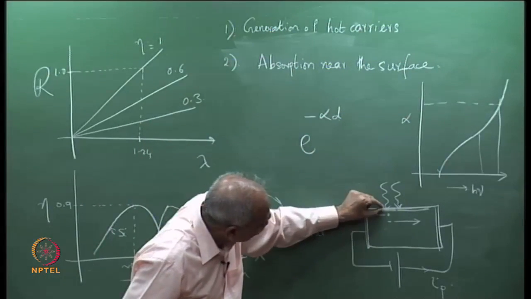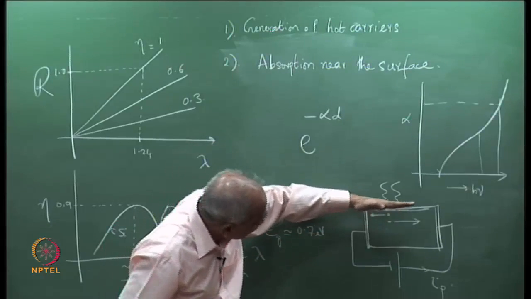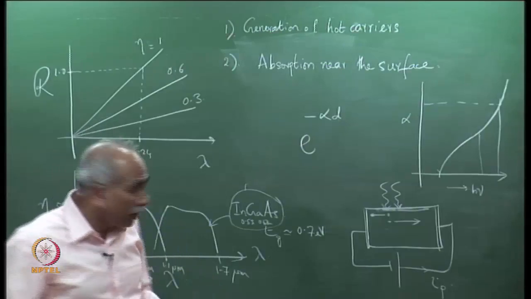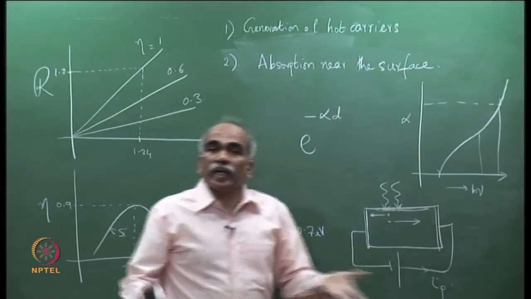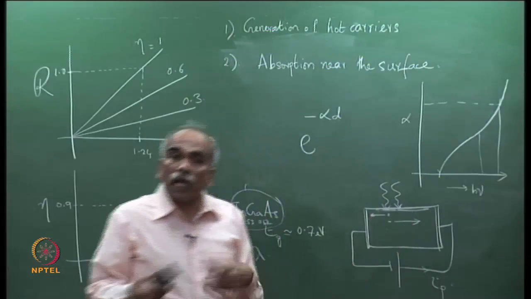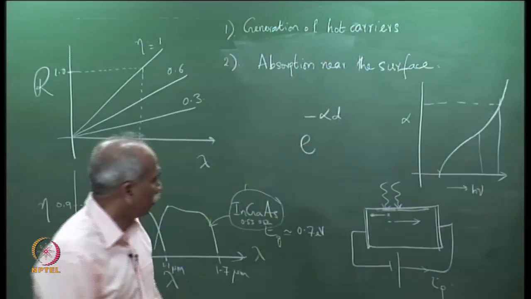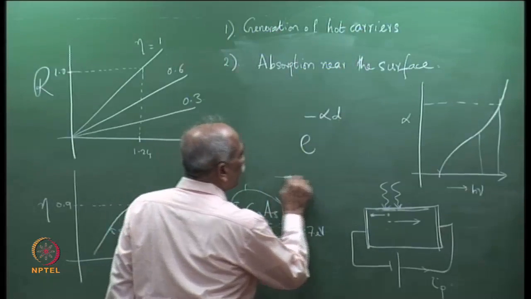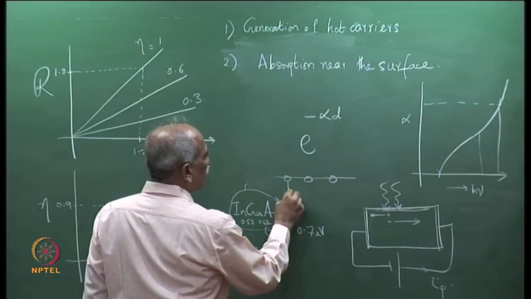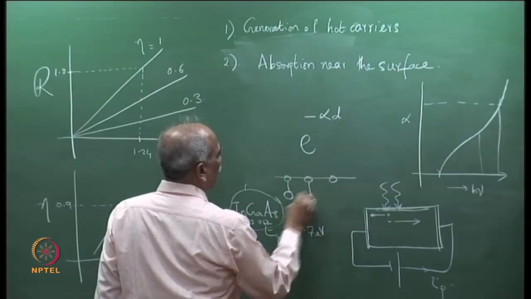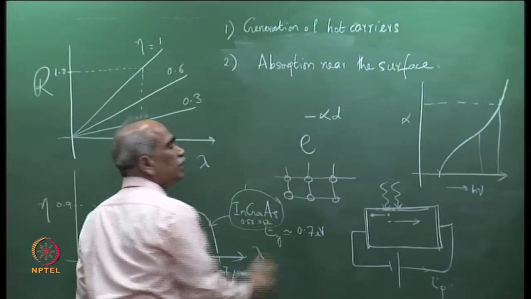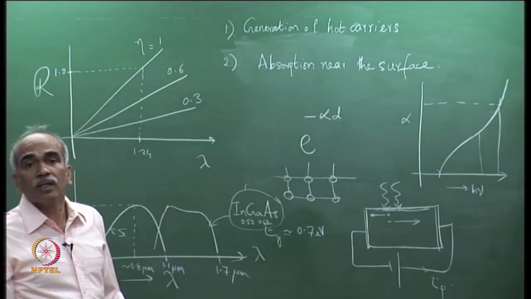In other words, almost all the incident photon energy is absorbed close to the surface, and in any material, the surface is not a very good place to get absorbed, because there are surface states due to dangling bonds in the medium. Near the surface, if you enlarge the positions of atoms here and the bonds like this, you can see that to one side the bonds are dangling, they are free, they are not complete.